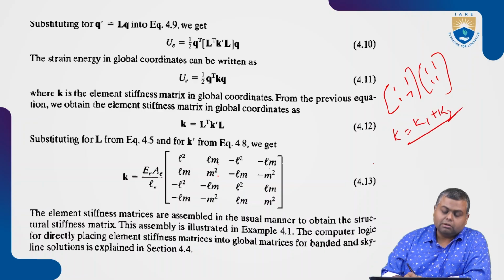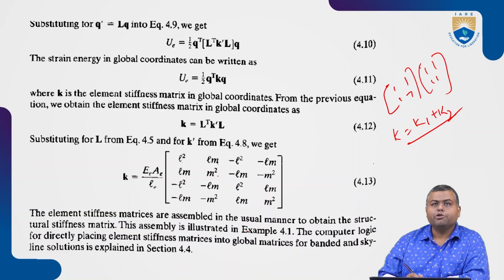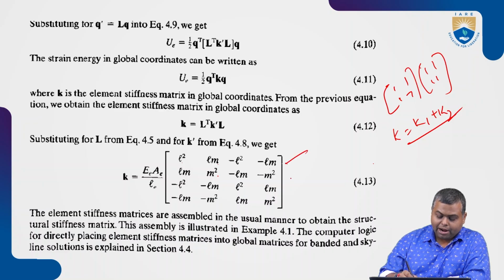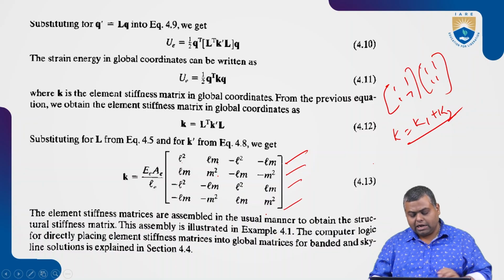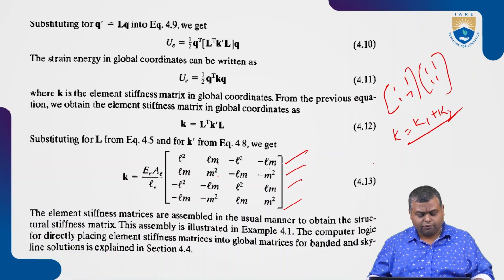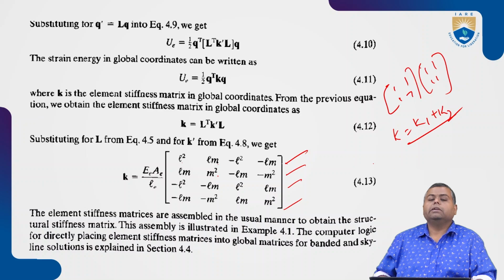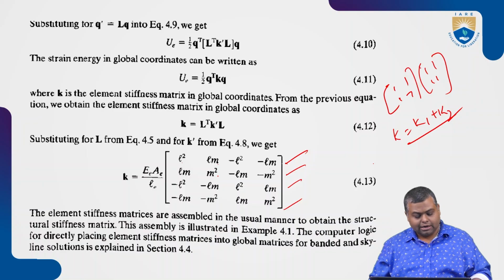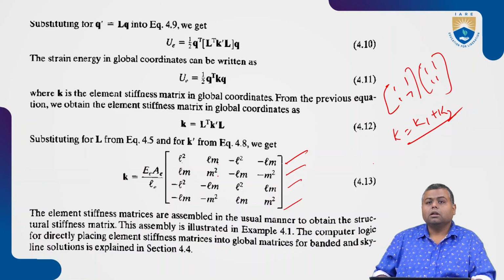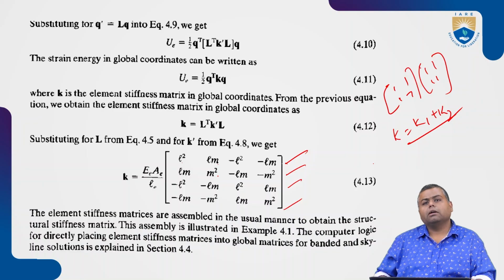A similar process we are going to use to add the K matrix in the truss element. So the truss element will have a major factor on the derived equations. The computer logic for direct placing of the element stiffness matrix in the global stiffness matrix for banded and skyline solutions can be learned in the coming classes.